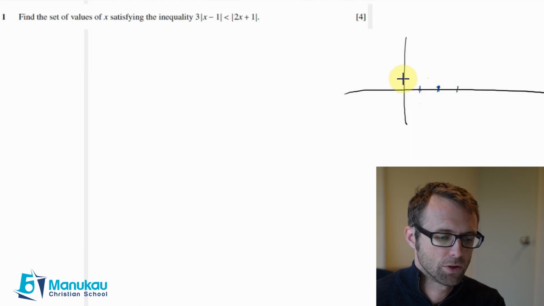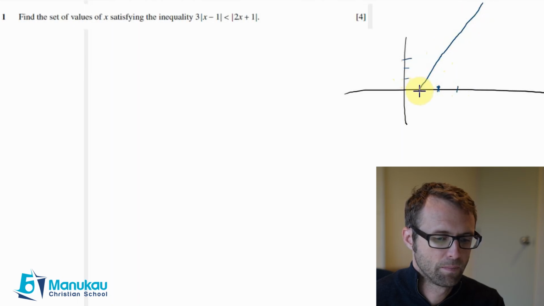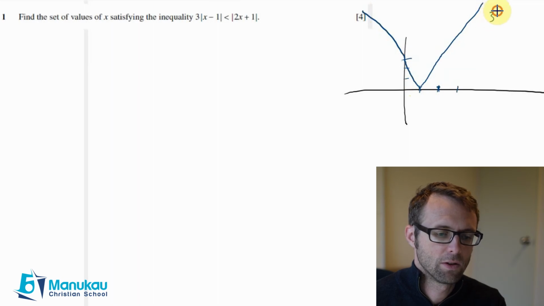At x equals 2, it's going to be 3. So it'll look like this. Okay, and then back this way, we're going to have this sort of thing going on. So this is 3 modulus x minus 1.